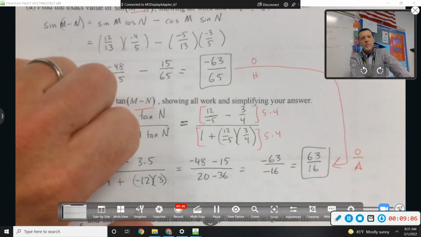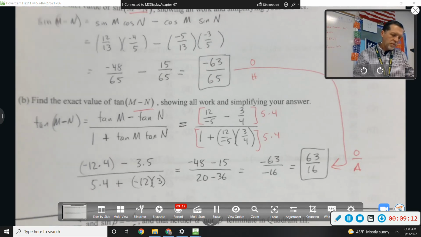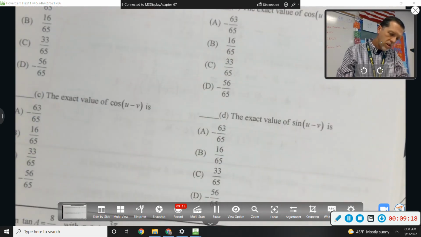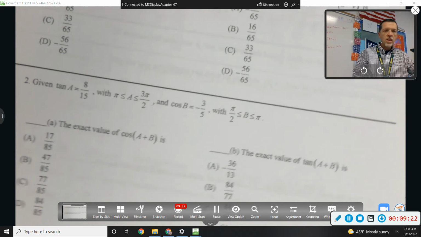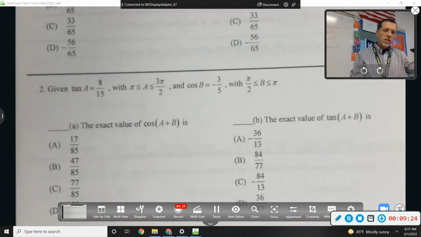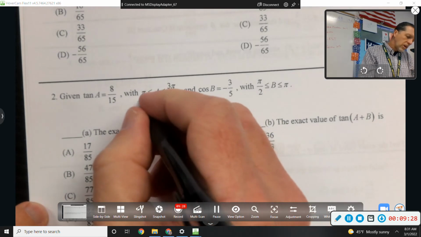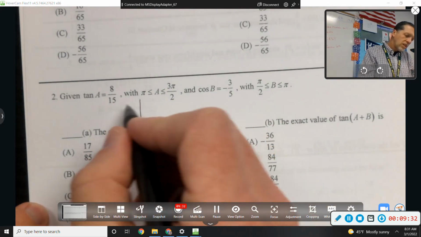Could you go over the setup for number 2? Not all of it, just the setup. Picture. Yeah. Back to number 2. With it being not 0 to 2 pi. So where is pi to 3 pi over 2? What quadrant is that in? That would be the third.